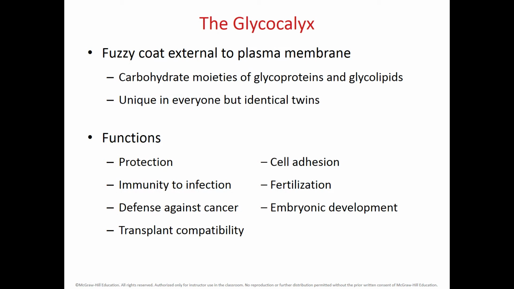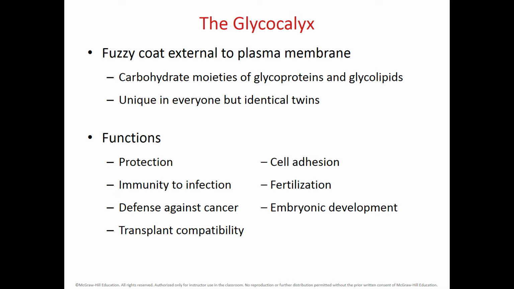Now, the glycocalyx is a layer that is outside of the cells, made out of carbohydrates and proteins, more carbohydrates than proteins. And it's very sticky because carbohydrates themselves are very sticky. And they form a very disorganized structure that looks like a fuzzy coat, and it is unique in everyone but identical twins.